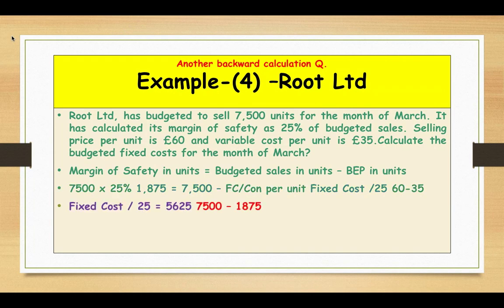If you sort this formula out, the fixed cost divided by 25 is equal to 7,500 take away 1,875. So that is equal to 5,625.